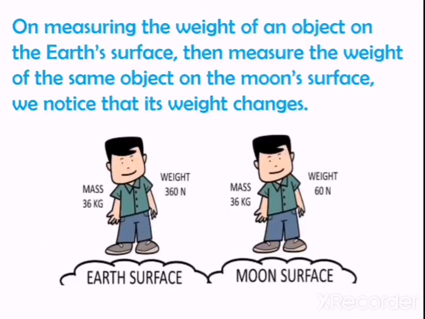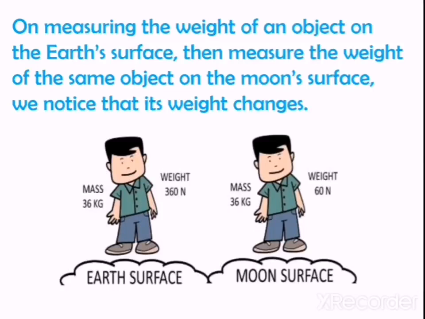So, on measuring the weight of an object on the Earth's surface, then measuring the weight of the same object on the moon's surface, we notice that its weight changes between the moon and the earth. The mass is a fixed value, it doesn't change by changing the place.